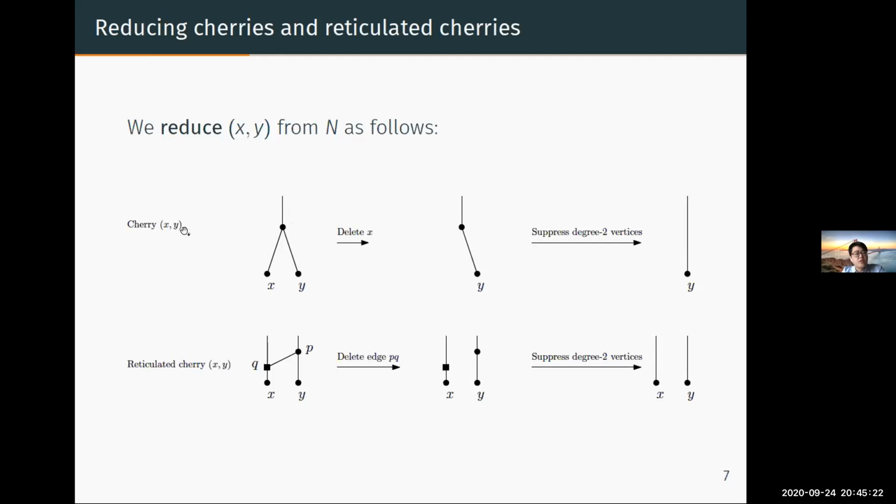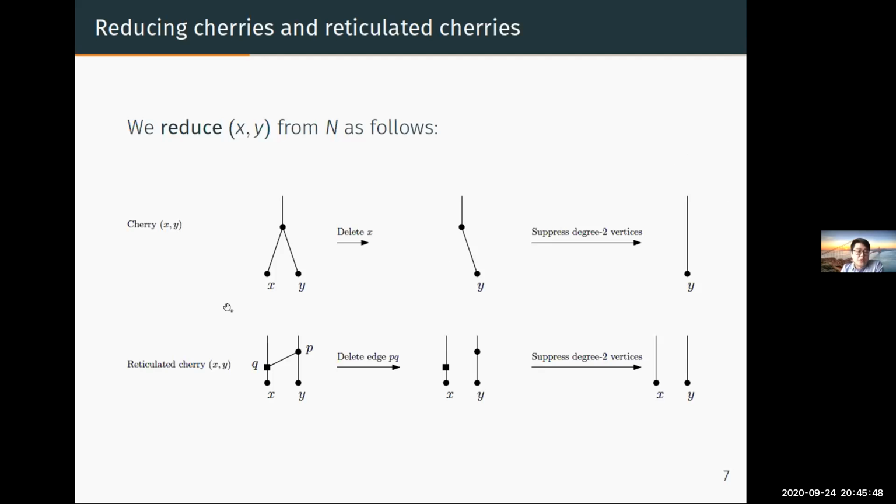If you have a cherry X, Y, we reduce X, Y from N by first deleting the leaf X, and also deleting the leaf incident to X, right? And then we end up with this middle figure here. And then we suppress any and all degree 2 vertices that you got from deleting the leaf. So we end up with this graph here.